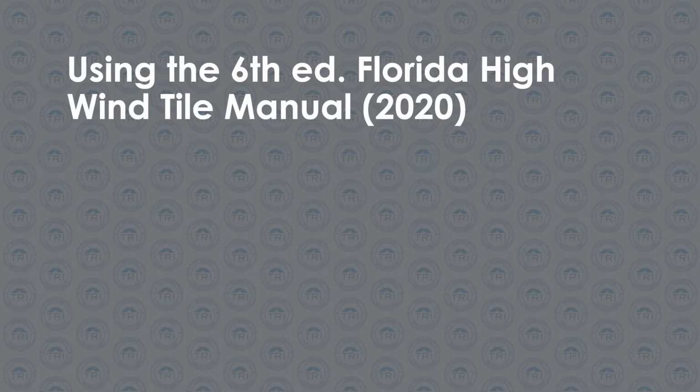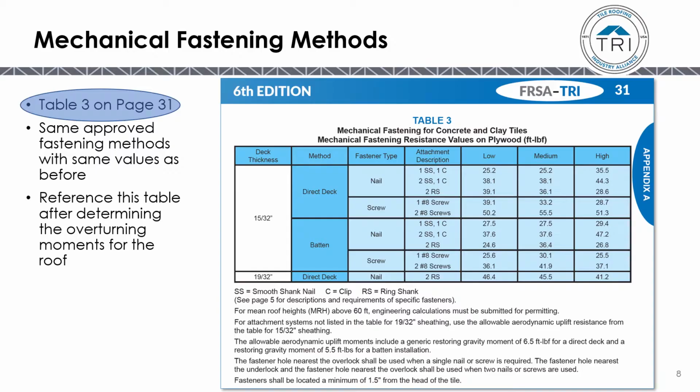Using the Florida 6th edition High Wind Manual, let's look at some tables and how they're going to be used to configure our 6 examples in this wind zone. Table 3, Mechanical Fastening Methods, is found on page 31 of the 6th edition.